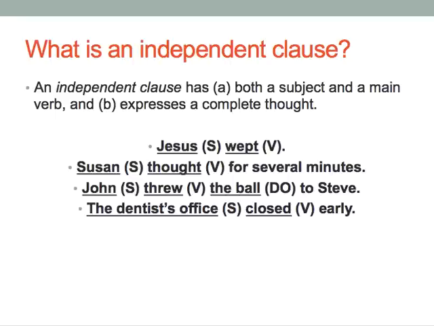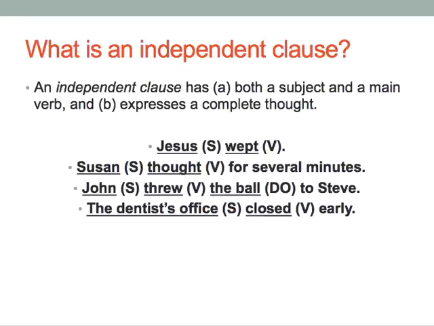Susan thought for several minutes. The underlined phrase there, Susan thought, is the independent clause. For several minutes isn't necessarily part of the clause. It's a prepositional phrase. And John threw the ball to Steve, because threw is a transitive verb in that sense.